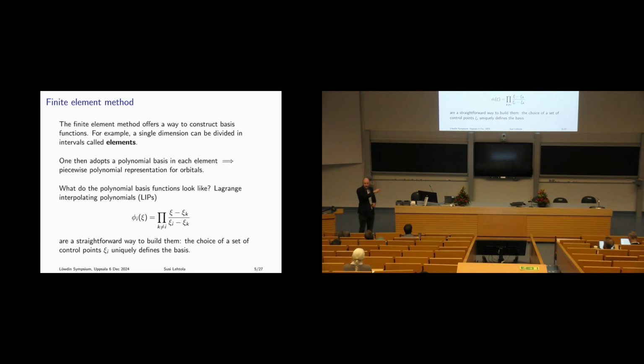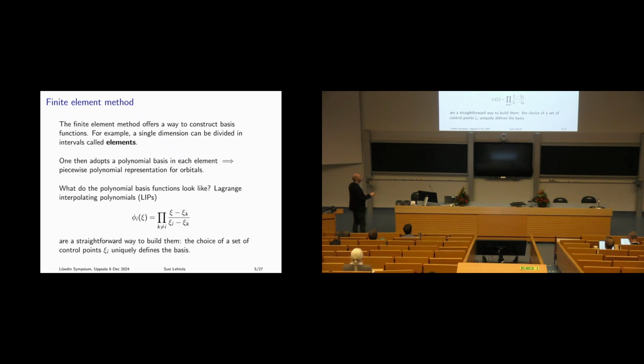So I cut each dimension into segments called elements, and then I put in a polynomial basis within each element. And then there's a nifty trick that you can use to make your description continuous. I won't get into that detail, but it's quite straightforward. It's discussed in my papers.